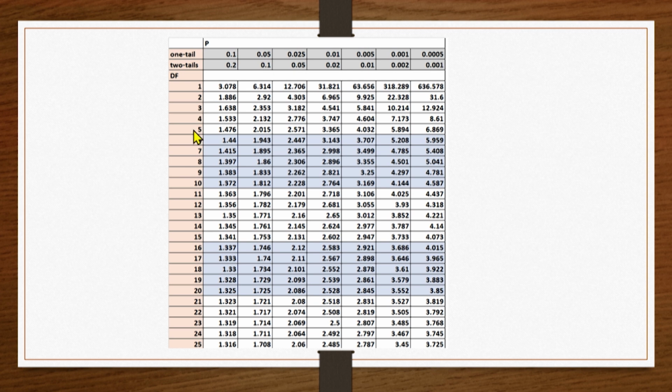Similarly, we can see the degrees of freedom 22 and the corresponding value, which we call the table value.